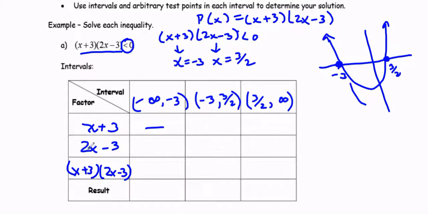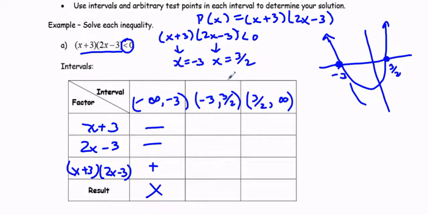If I put in negative 100 here, 2 times negative 100 minus 3, that's also a negative number. And when I multiply these two factors together, which is what I do with this polynomial, I get a positive. And so I know that I'm looking for this polynomial to be less than 0. If it's positive, it's greater than 0. So this is not the result that we want.